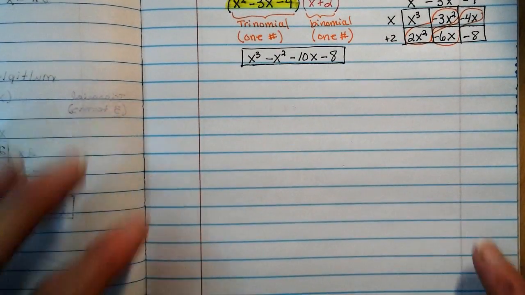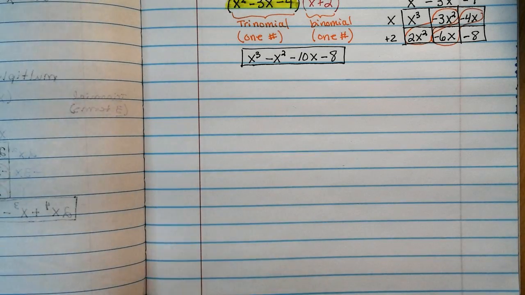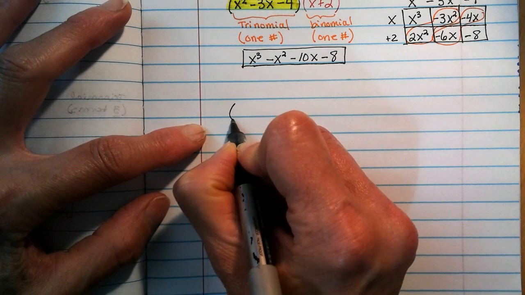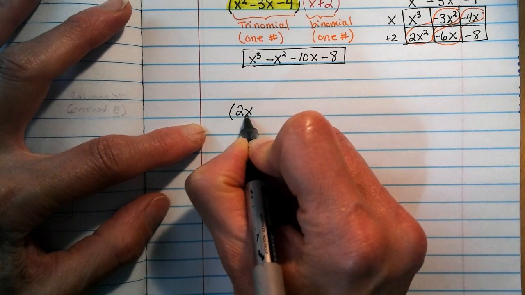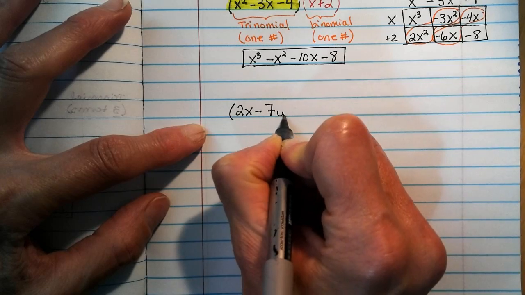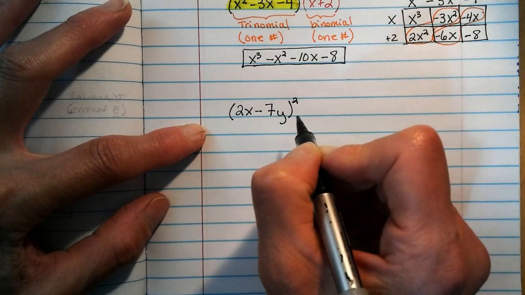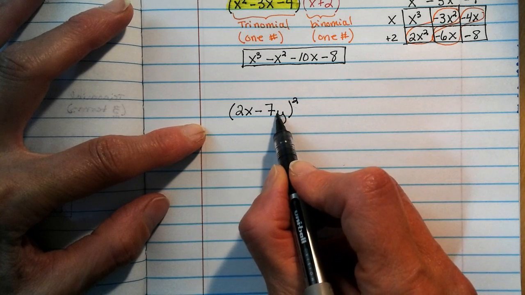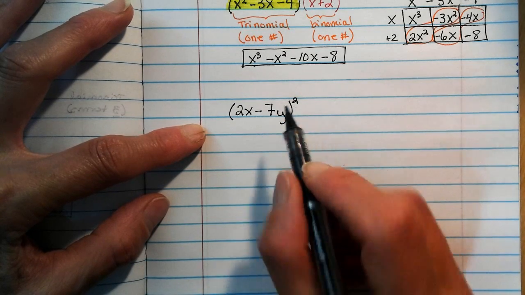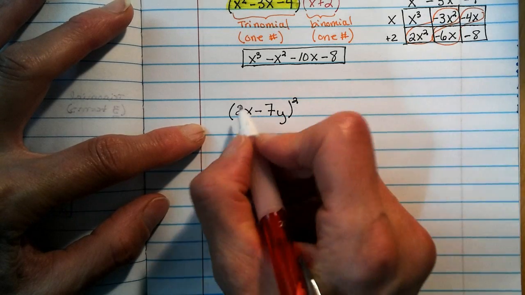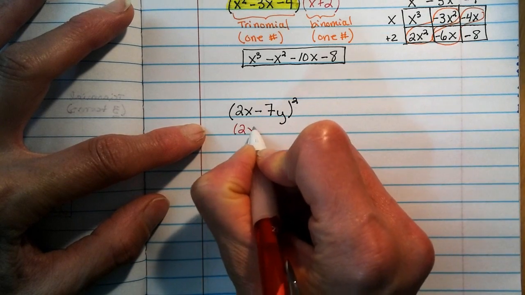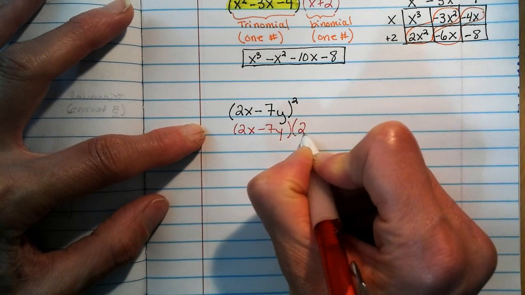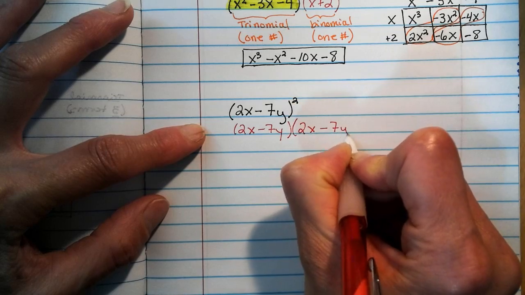I was going to pause the video and do another on another video, but I'm just going to do this here now. So what happens when I have 2x minus 7y all squared? Okay, this is very important. This is squaring a binomial. So I have to remember that this is going to become 2x minus 7y times 2x minus 7y.